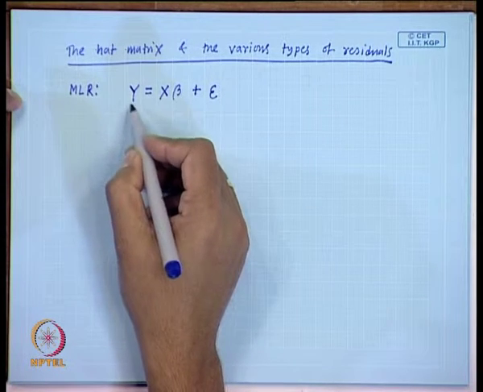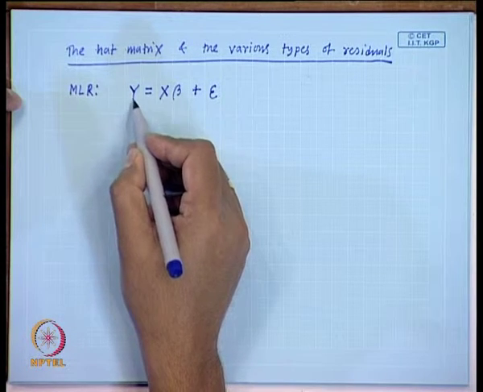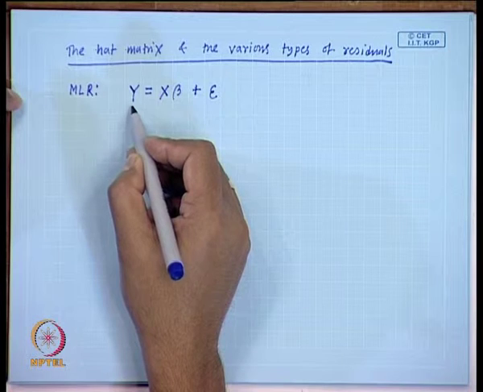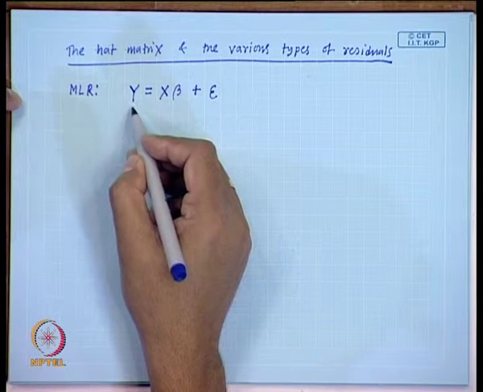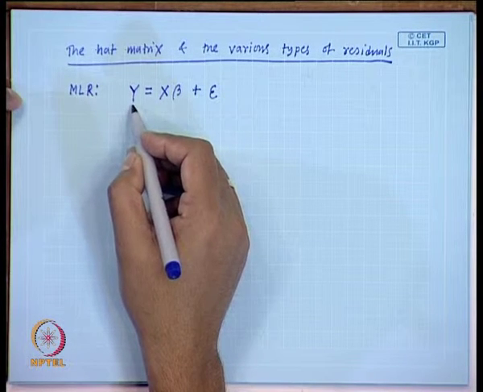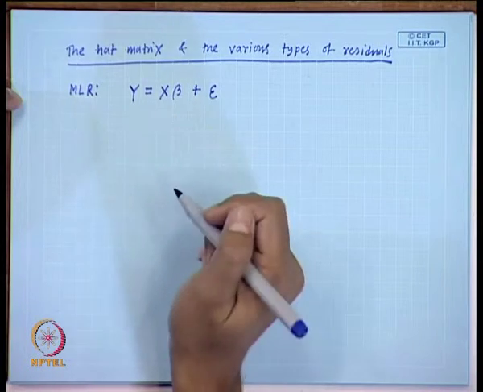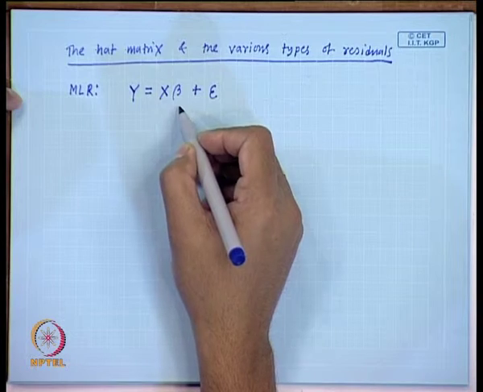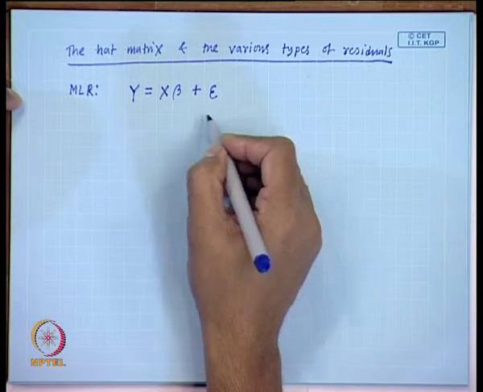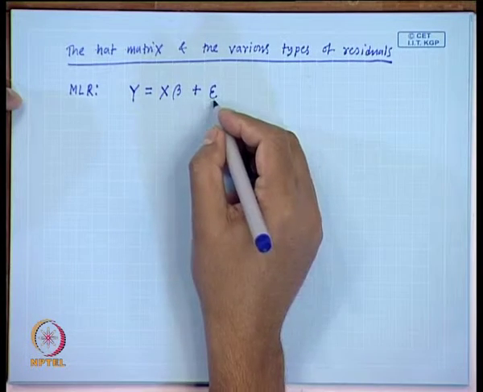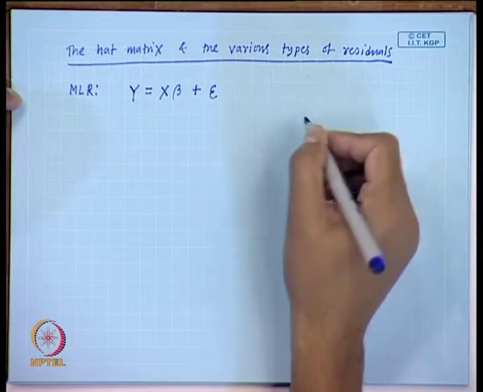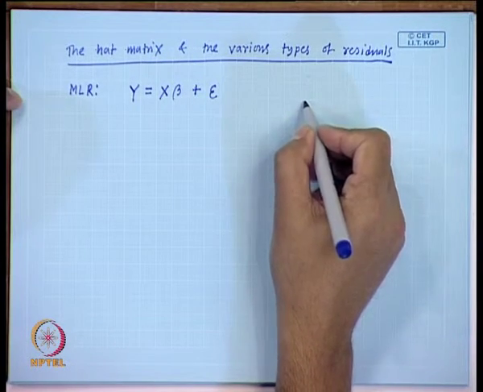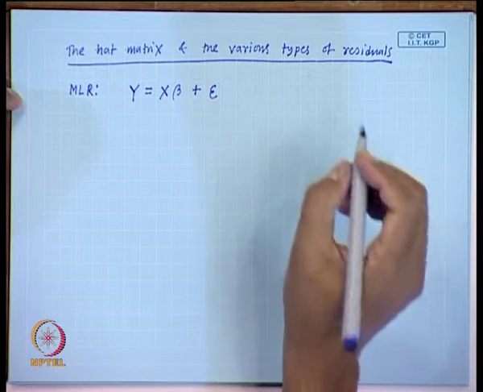So, y is a vector of n responses, and beta is also a vector of beta naught, beta 1 up to beta k minus 1, and epsilon is a vector epsilon 1, epsilon 2 up to epsilon n.